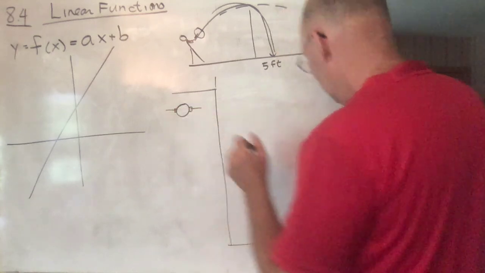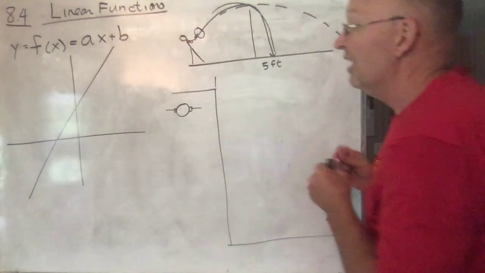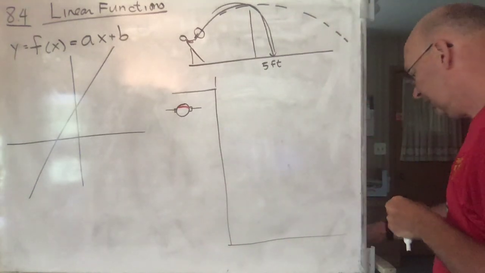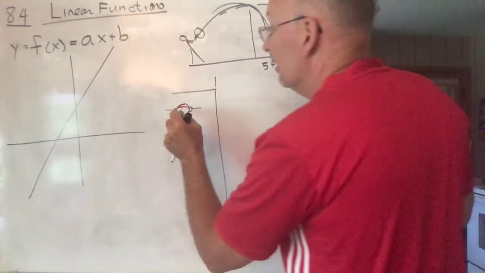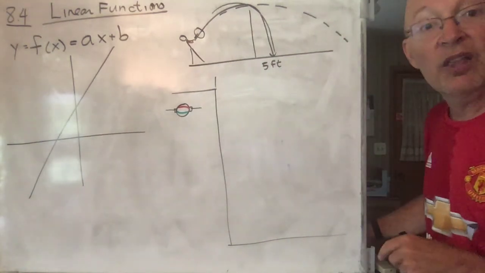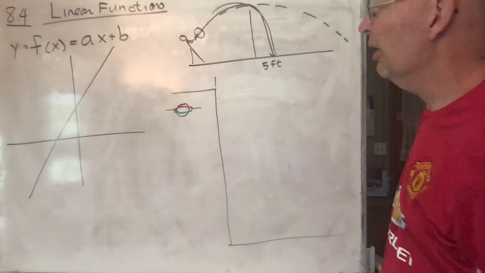Then we put a blue line and a red line on this ball so that we could watch it spin when we had a video of it. I'll make it green and red. So there they are on this ball.